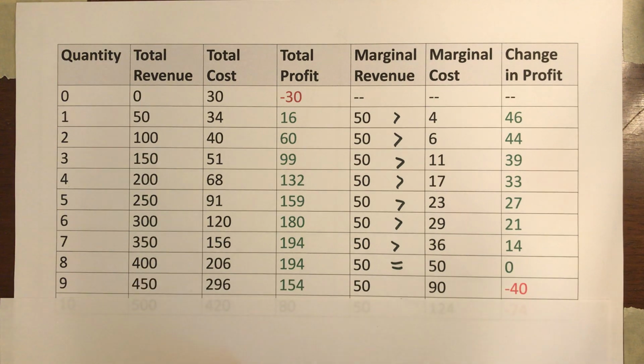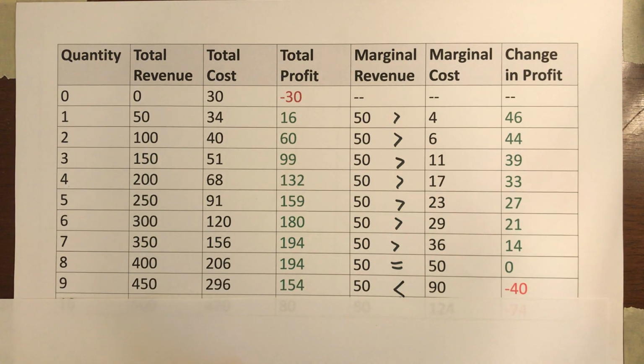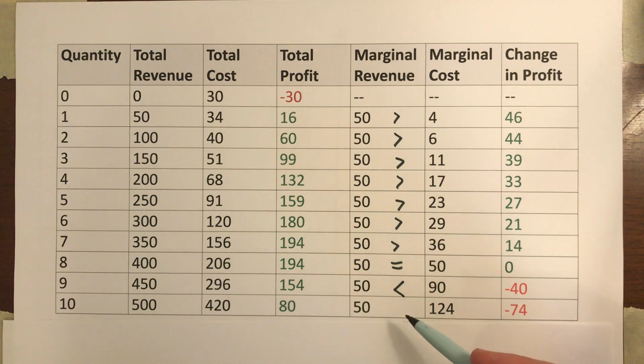If I were to produce an additional unit, the marginal revenue would be less than the marginal cost. And notice that my total profit would drop. It would go down by $40. So I wouldn't want to produce unit 9. And similarly, unit 10 would be even more foolish to produce because marginal revenue is even smaller relative to marginal cost than it was on unit number 9.